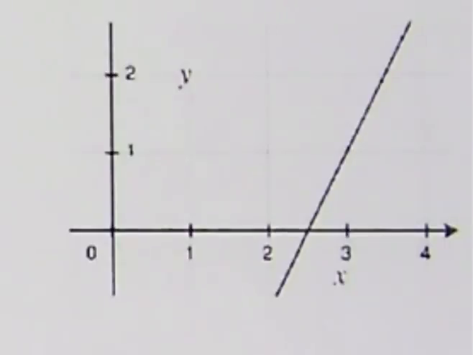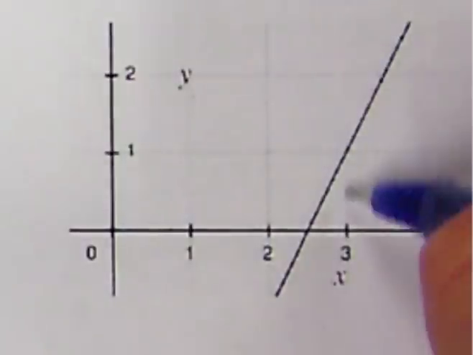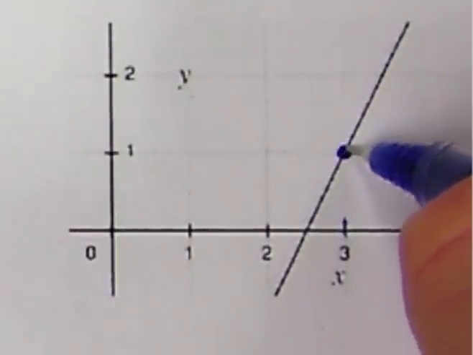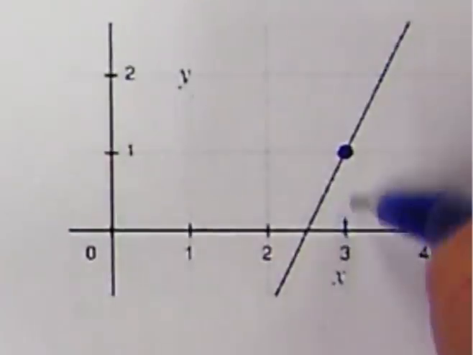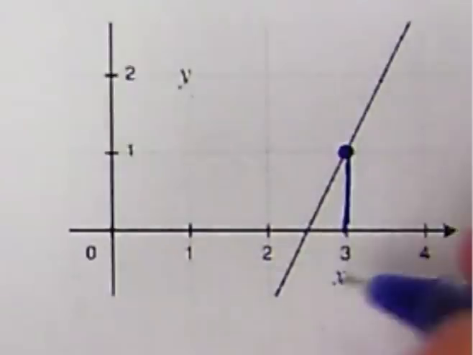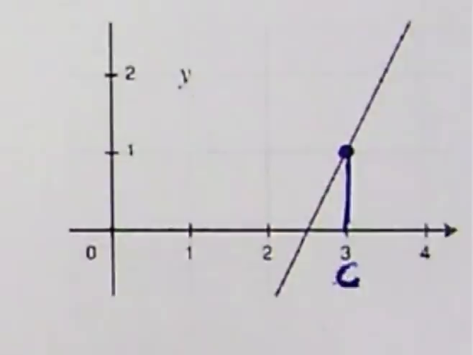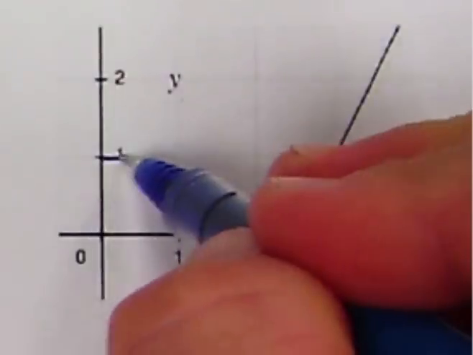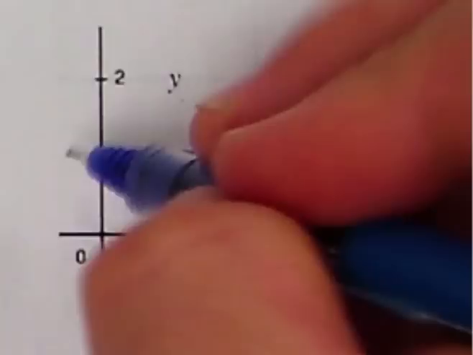So graphically, let's see what we're trying to do here. So we're looking for our limit at x equals 3. So that's our c value. And it's saying the limit is 1.